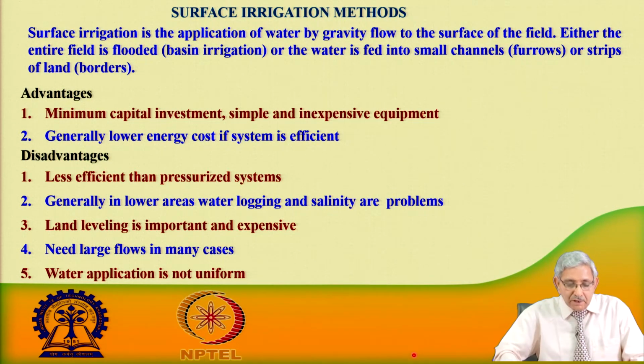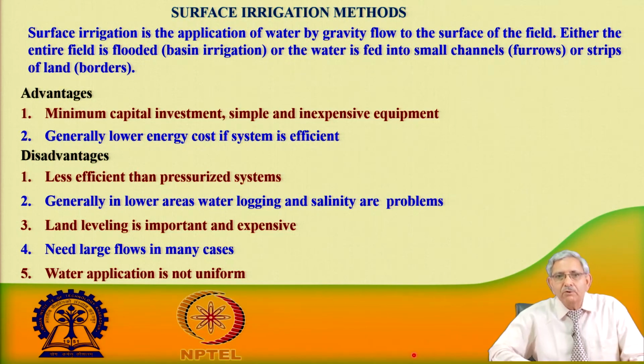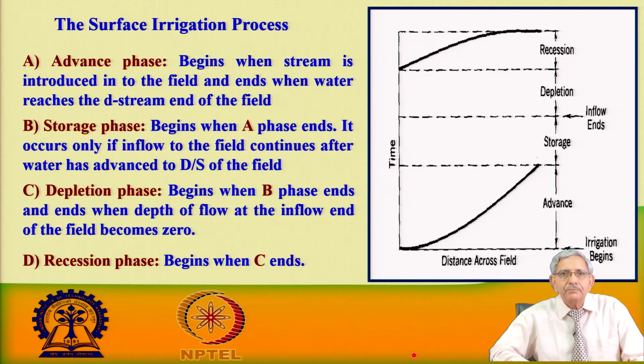It needs large flows to reach water at each point of the field, and water application is not uniform, meaning more water is available at the head reach or upper reach of the field as compared to the lower reach of the field.